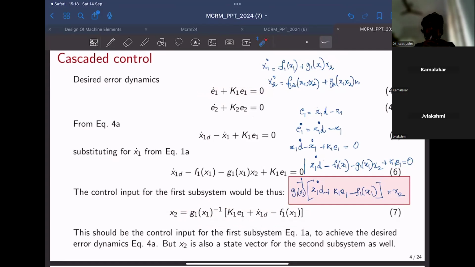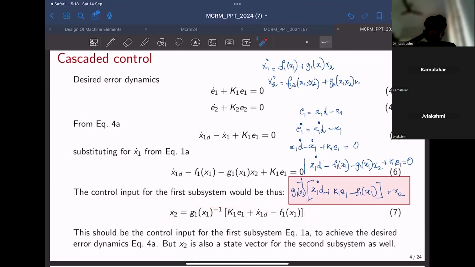So that essentially means the system can be asymptotically stable. But then the question is, can we really have x2 like this? Is it possible for us to have x2 like this?